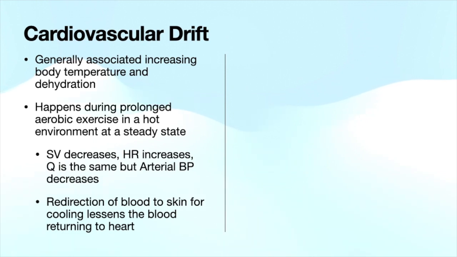And to maintain cardiac output, what our body does is it will increase the heart rate, right? So that it's the same cardiac output. So your heart rate will increase, but stroke volume actually has decreased already.